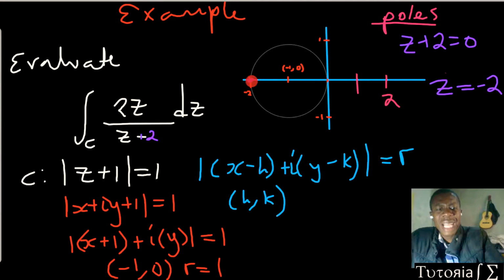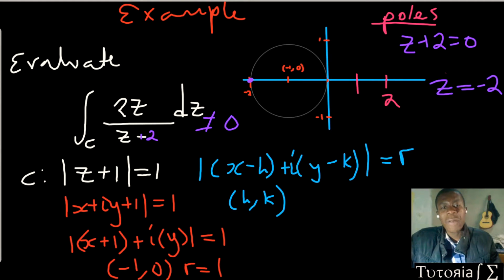This integral is not analytic at z equals negative 2 here. And since this includes the boundary because of the equal sign there, it means this will not be equal to 0.